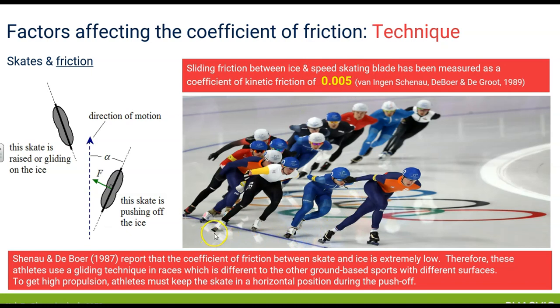And these are designed very specifically to have the lowest kinetic friction, so sliding friction, as possible, because obviously they want to go as fast as they can. They don't want to be slowed down by the contact of the blade, and that's a really, really, really low value. Remember, it's between 0 and 1.